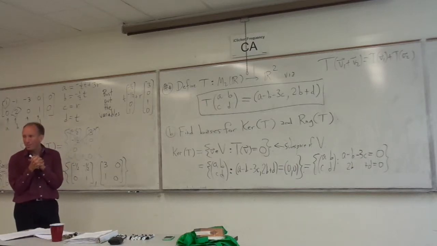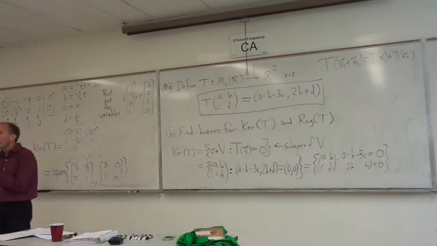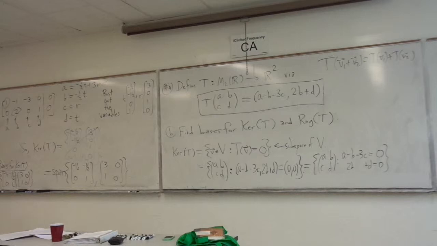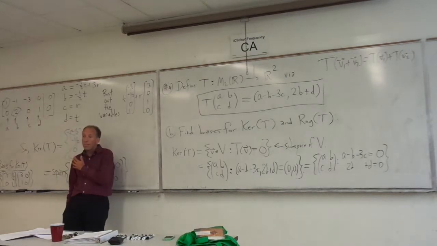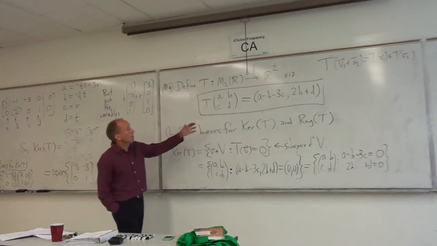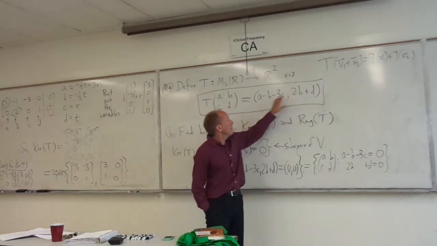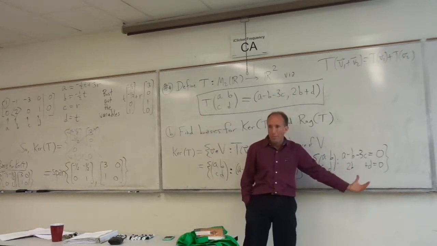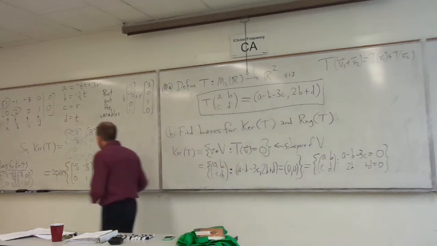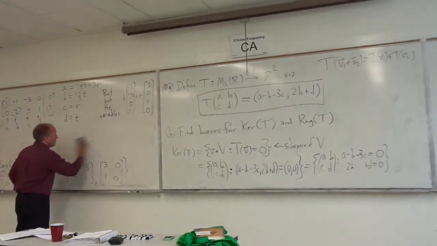That's the kernel part. If you go back to the second midterm review packet and the review session that we did for that exam, you're going to find more examples of practicing this. This one, relatively speaking, is a fairly easy example because your kernel is expressed just as a couple of equations. It tells you what it is. But we've had other examples that you can go back and review.